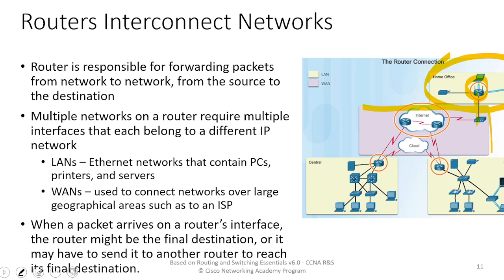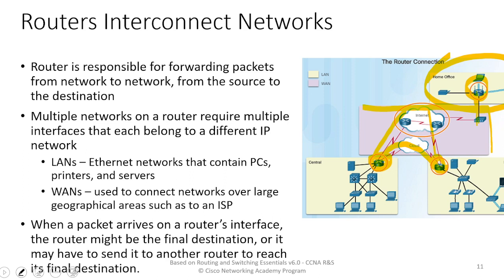Whereas if we think about the branch or the central office scenarios, they make at least two connections. They make a connection to the internet service provider directly, so that would be one network that they are connecting to, but they are also connecting between themselves through a private connection through a cloud service provider or whatever.